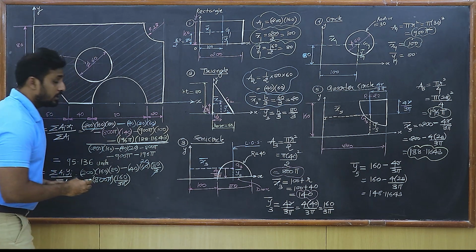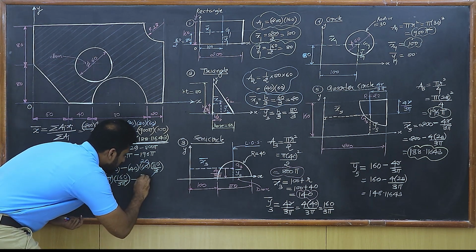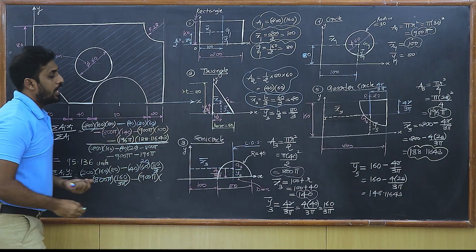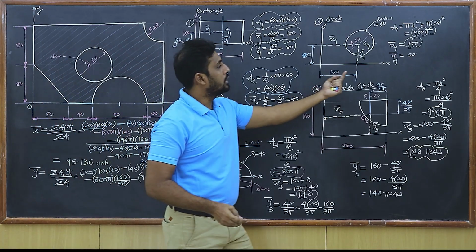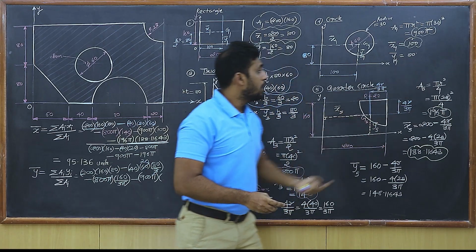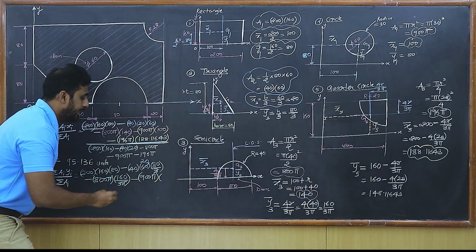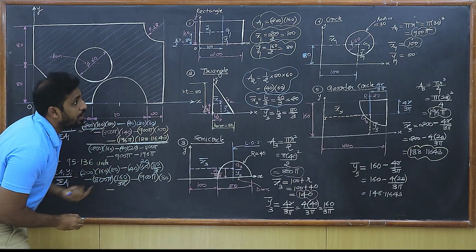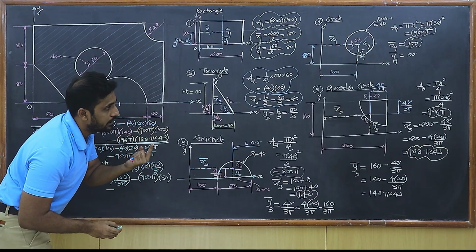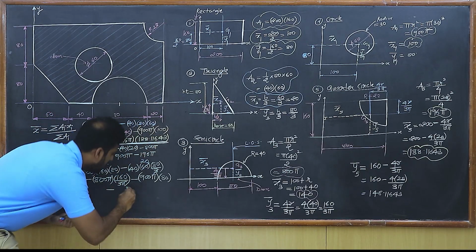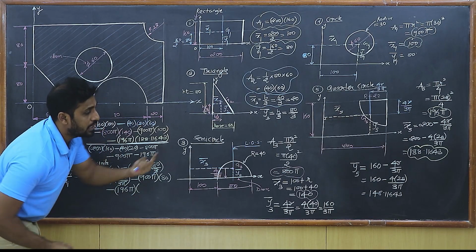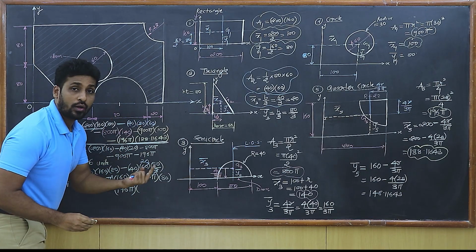Then the next area, students, is 900 pi. So I'm going to write minus of 900 pi. It multiplies with y bar from the next one, which is 80 over here, isn't it? So let's write 900 pi into 80. And finally, we have minus of 196 pi, isn't it? That's the area for the quarter circle. So I write here 196 pi. It multiplies with the y bar value, which is 148.11643.